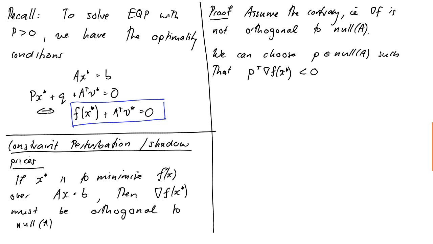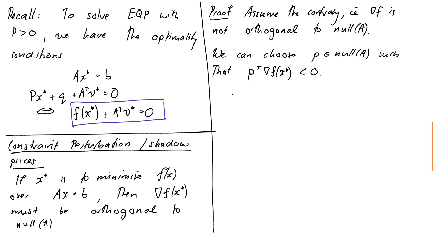All that is doing is taking the directional derivative of our function in the direction p, and you need to scale it to get the actual derivative, but that doesn't matter. The point being, we can choose a p such that this quantity, approximately the directional derivative, is negative.